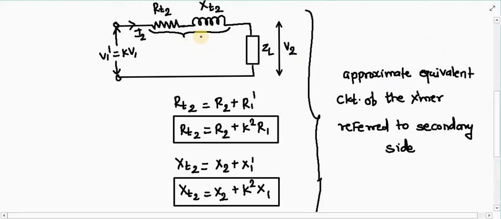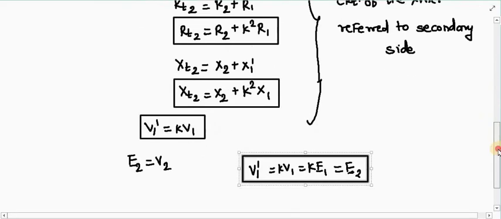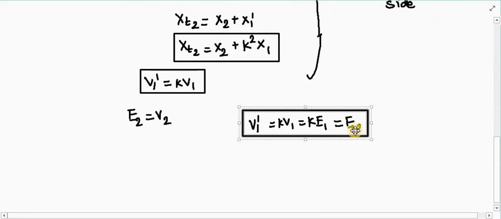So when I am drawing the approximate equivalent circuit of the transformer referred to the secondary side, this current should be I2, right? But when I put on my load, or when I switch on my load, due to the voltage drop in the impedances of the winding, the secondary voltage will change from its no load value. What is the no load value? No load value is nothing but this.